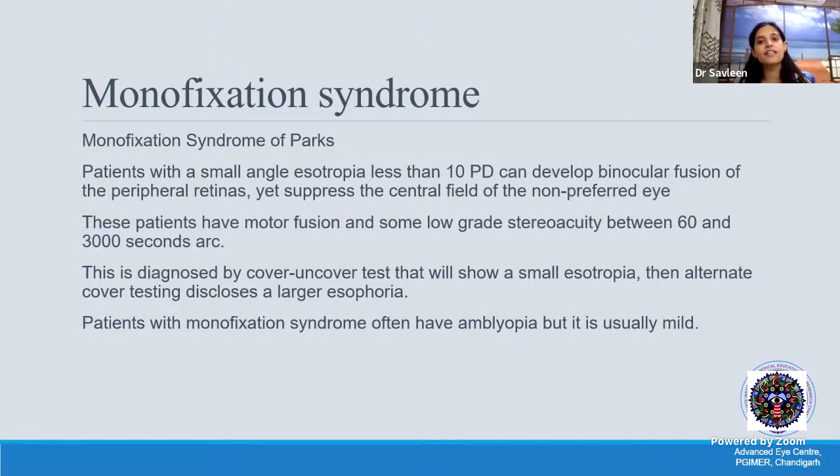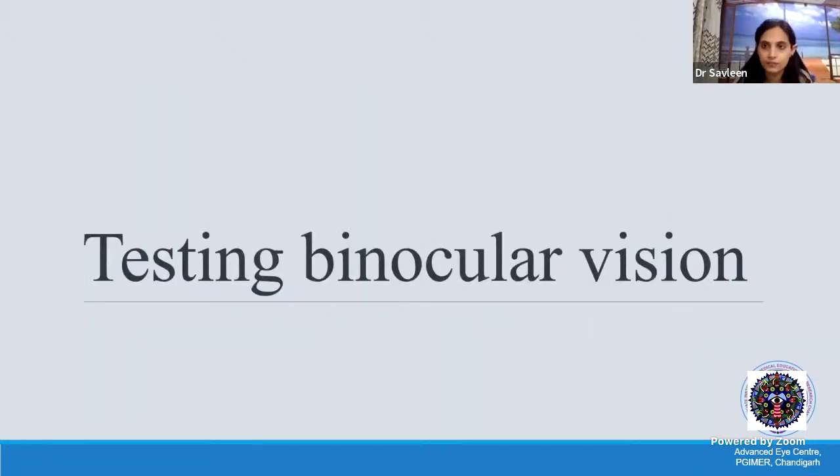The central field is kind of suppressed. So these patients have fusion, but low-grade stereopsis, and you'll see that they have a small esotropia. But once you start doing the cover-uncover test, then there is a larger esophoria. Patients with monofixation syndrome can also have amblyopia, but only of a mild kind. I'll talk about it in a coming slide when we talk about testing.